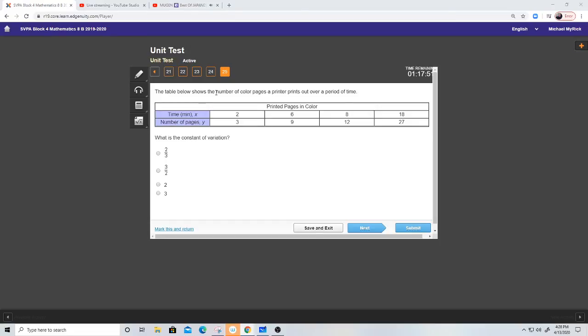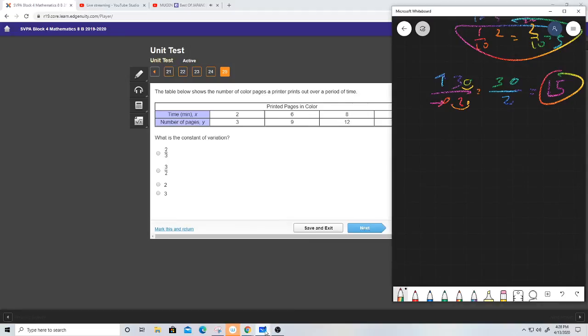The table below shows the number of color pages a printer prints out over time. 2 minutes, 3 pages, 6. What is the constant of variation? Okay, so I'm only gonna go this far, but can we even simplify 2 over 3? We cannot. But let's look at 6 over 9. Can that be simplified? Probably by 3.